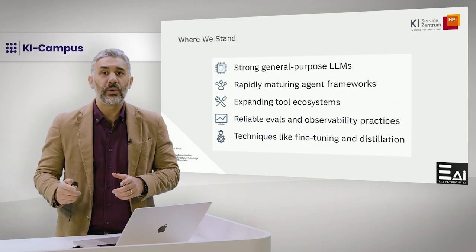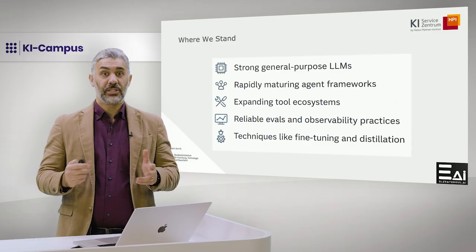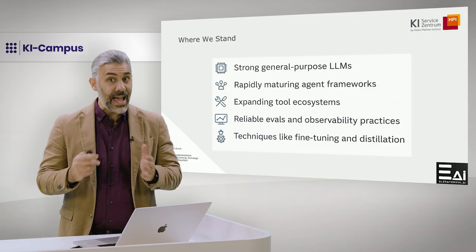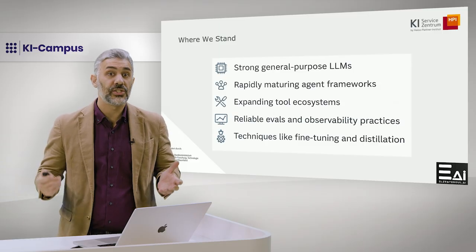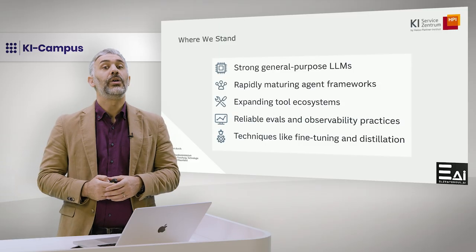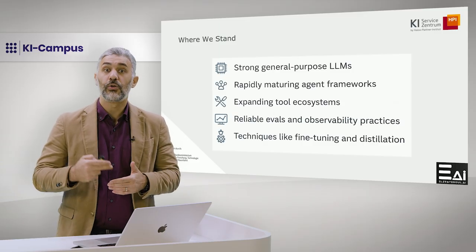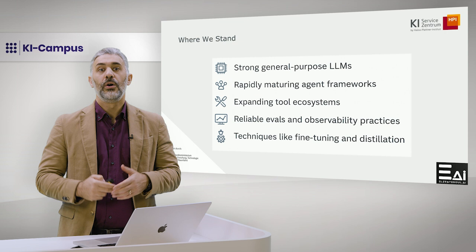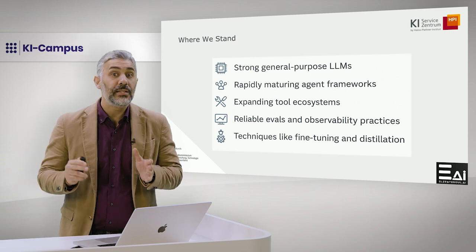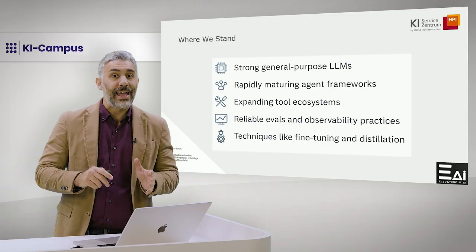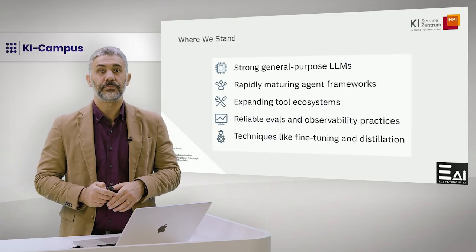Looking at everything we have covered so far, it becomes clear that a substantial foundation for agentic AI systems has emerged recently in just a short period of time. We already have strong general-purpose LLMs that provide the core reasoning ability. We have rapidly maturing agent frameworks that give structure to planning and action-taking.